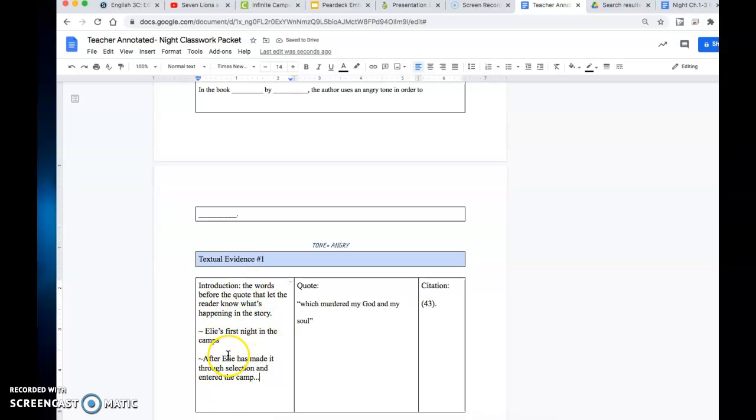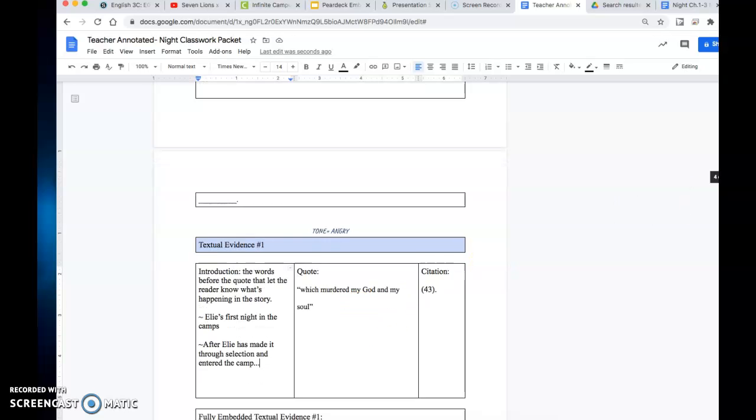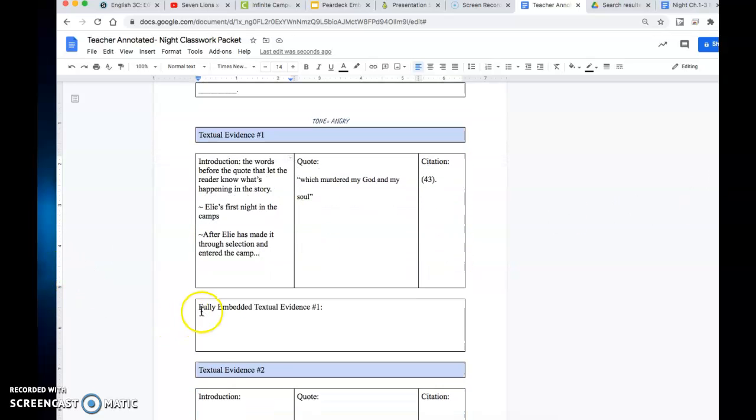You need to pretend that the reader has never read Night and you need to inform them what's happening in the book. It's going to make your writing really elevated and it's going to help your readers and the flow of your sentences. So once you have your introduction, your job is to write it as fully embedded.